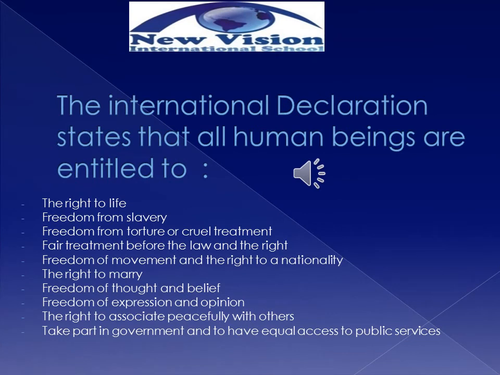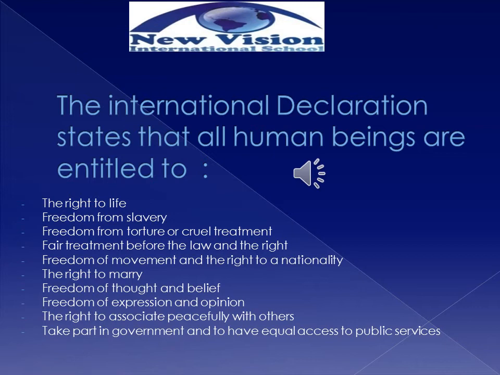The International Declaration states that all human beings are entitled to 10 points. We will see them now. Number 1, the right to life, liberty, and security. Number 2, freedom from slavery.